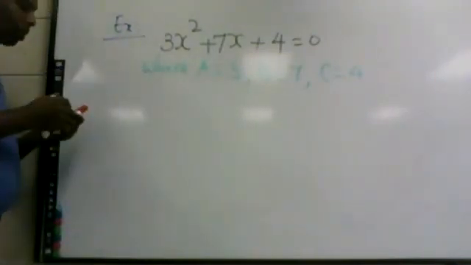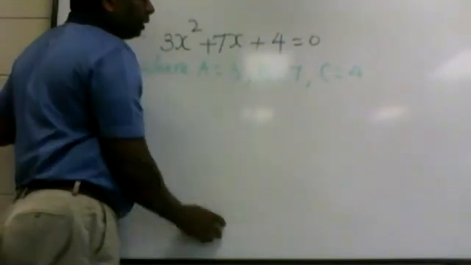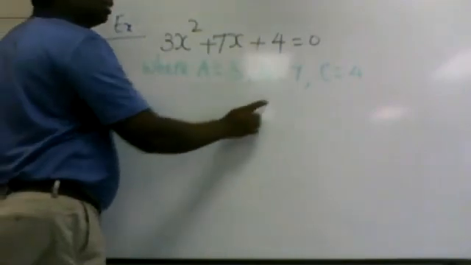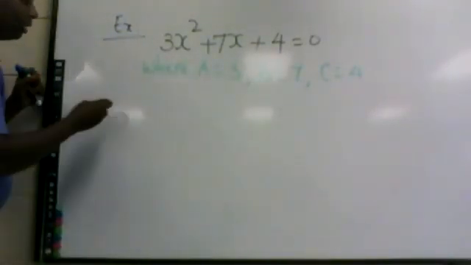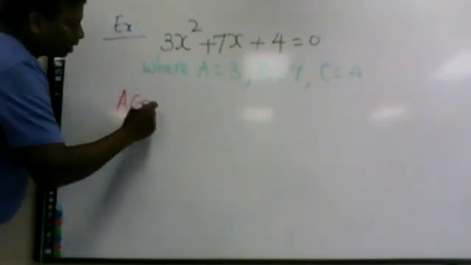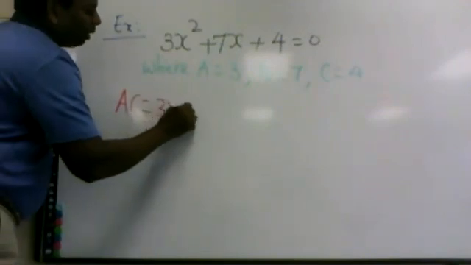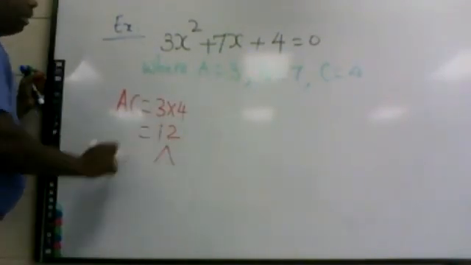Now I want to look for two factors of 12 whose sum is going to be 7. So I'm going to write AC. AC stands for air conditioner. 3 times 4 will give you 12. So 12 will have many sets of factors.